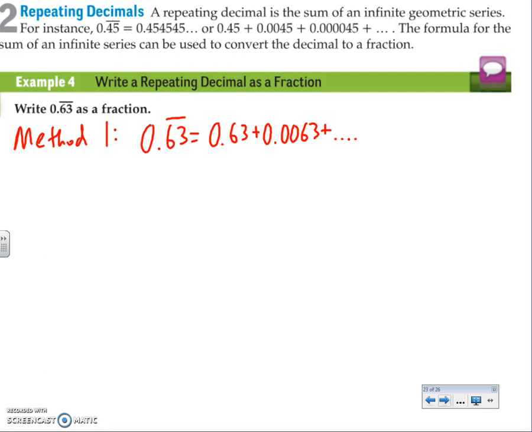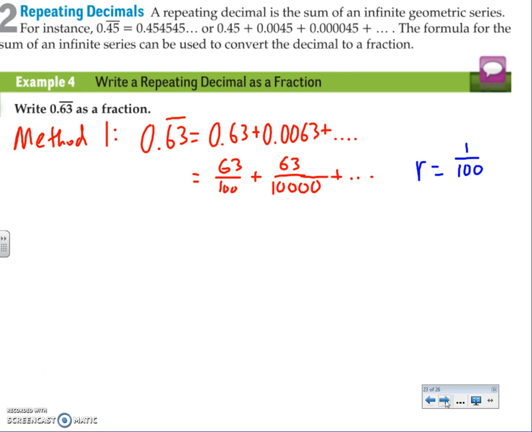So this is really 63 over 100 plus 63 over 10,000 plus so on. If you notice, there's an r value. The r value is going to be times 1 over 100.